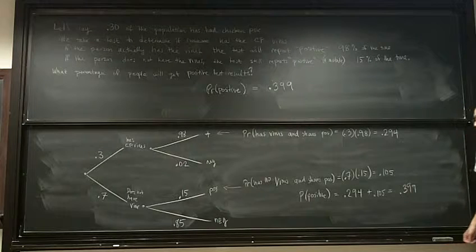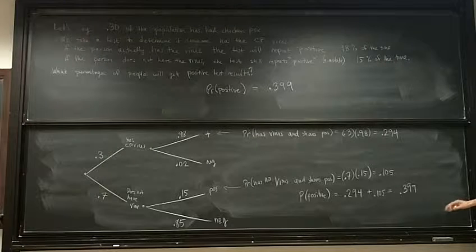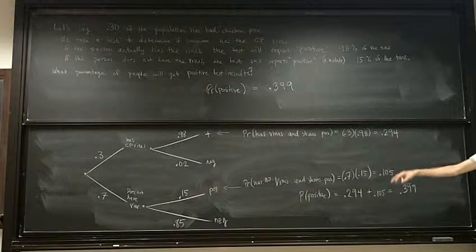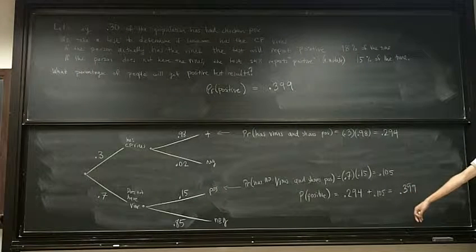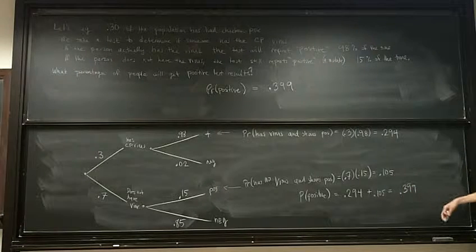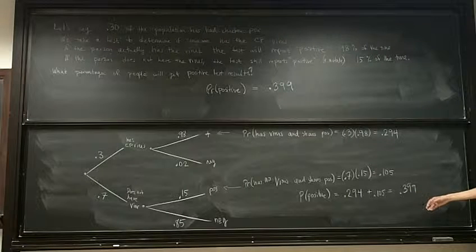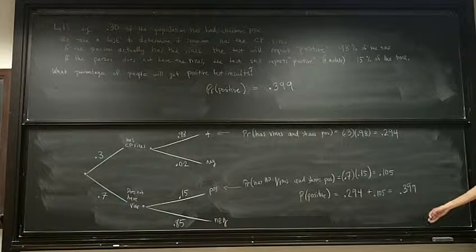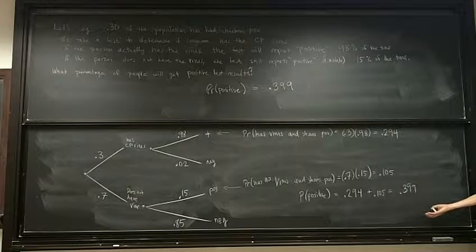Okay, so then just very quickly, what's the probability that someone gets a negative test result? 0.601. We could go through the process and do 0.3 times 0.02 plus 0.7 times 0.85 and add those up. Or I could also say, well, if you didn't get a positive test result, you got a negative test result, and everything has to add up to 1, right?